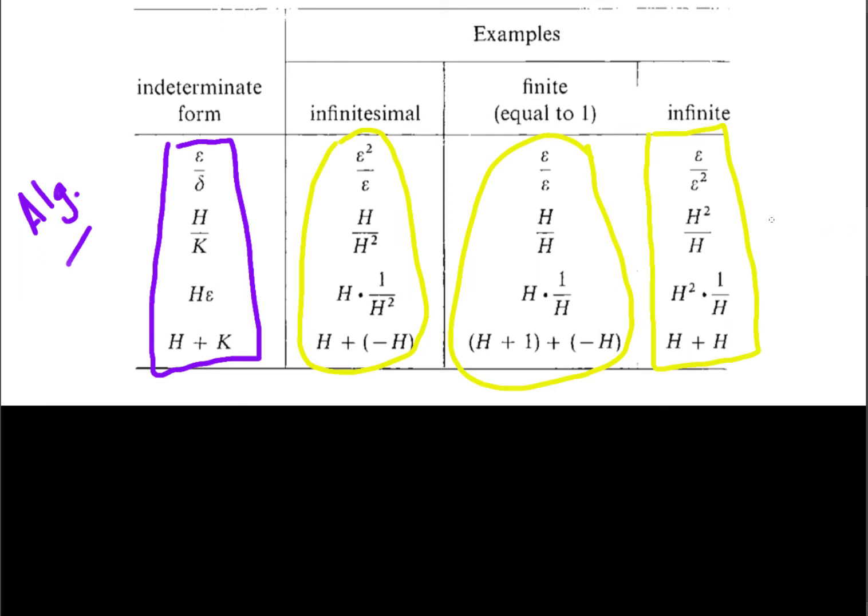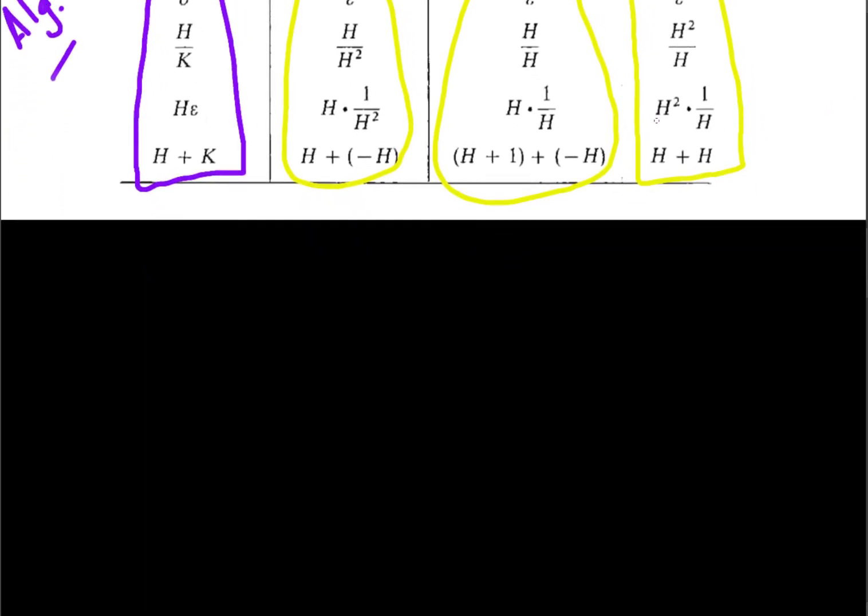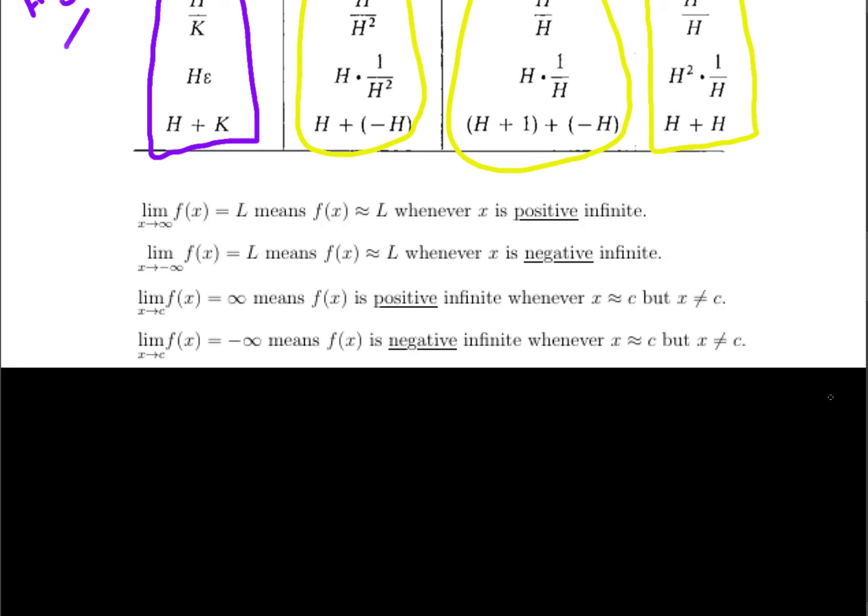Okay, so let's introduce now the new types of limits we're going to investigate. The first two can be thought of as limits at infinity, and the second two could be limits that approach infinity or go to infinity. And what we mean in the first case is that we've got the input in both cases going to infinity or negative infinity.